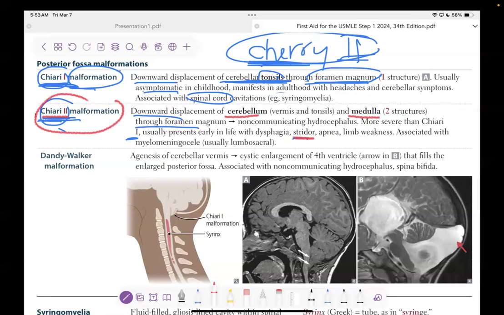So the patient will have stridor, because some branches of the vagus nerve help with the larynx, right? Like the laryngeal branch of vagus nerve. And dysphagia, the 9th and 10th nerves both help with eating and swallowing. Apnea means that the respiratory center is also in medulla. Limb weakness, because most of the tracts are crossing medulla. Motor neurons, sensory neurons, all of them are crossing medulla.